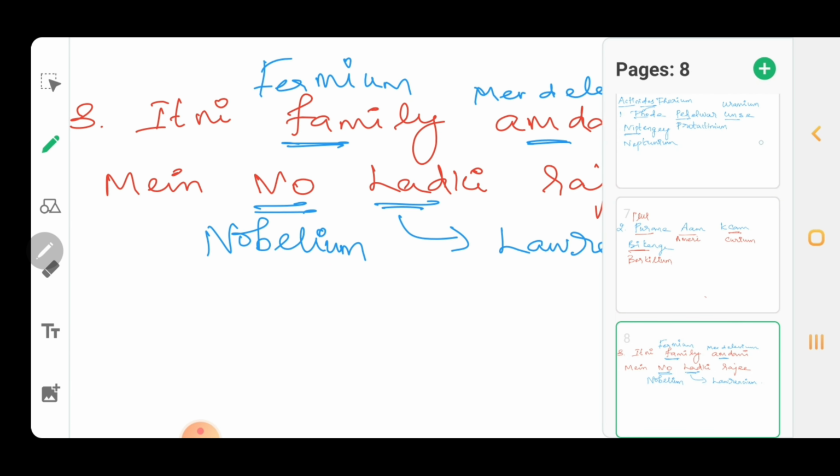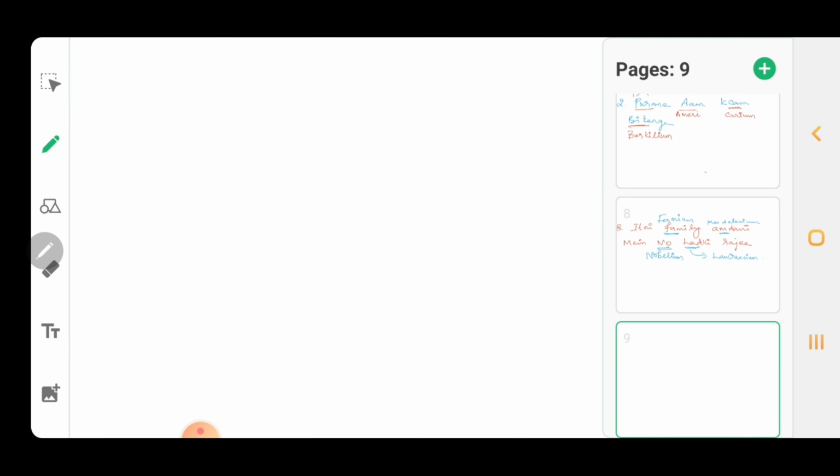Now we will be moving on to another mnemonic in order to remember our first 20 elements.